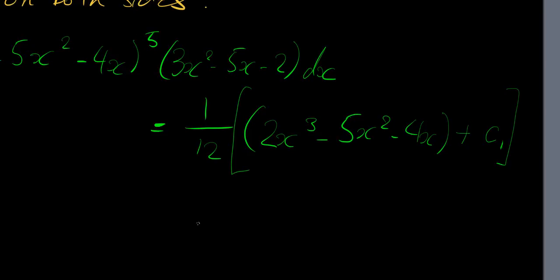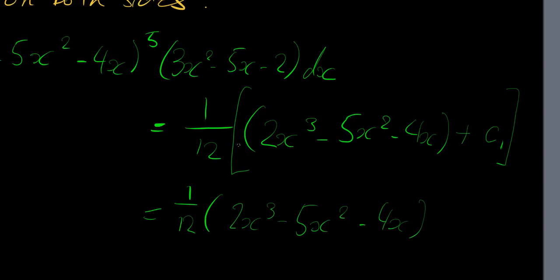You can say that the 1 on 12 here can be absorbed into this constant. So when you expand this out, you still have 1 on 12 times 2x cubed minus 5x squared minus 4x. But this c1 over here, you don't have to say c1 on 12. You can just say that it's some sort of new constant.